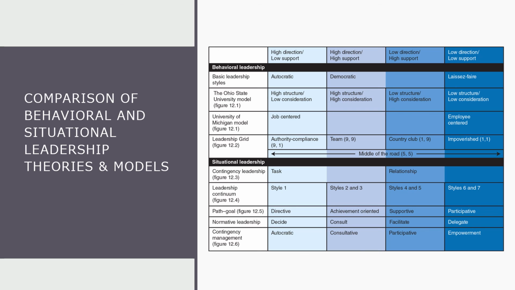Note that figure 12.7 doesn't include the contemporary perspectives of LMX, visionary, charismatic, transformational, transactional, symbolic, servant, and authentic leadership because they don't include specific leadership behavior. Study the leadership theories and models carefully. It will help you understand the similarities and differences in the approaches to leadership we've examined in this chapter.